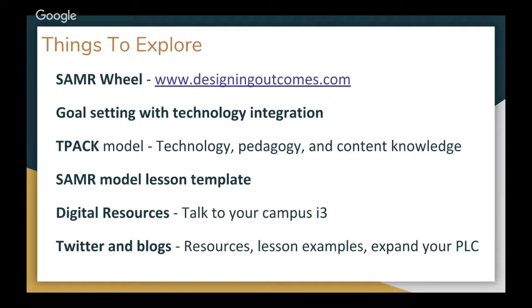Okay, digital resources. Anything that you think you might want to use with your class that you may not know about or you may not know exist. I mean, you may need to find some stuff. Your campus I3 personnel is going to be able to help you out. They should be able to, or know someone that should be able to, get you a list of all the available websites that you have subscriptions to, applications that may already be paid for, and things of that nature.